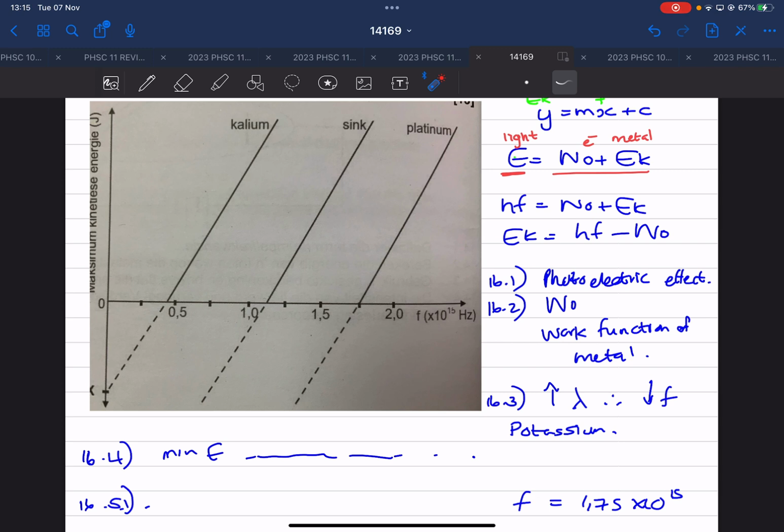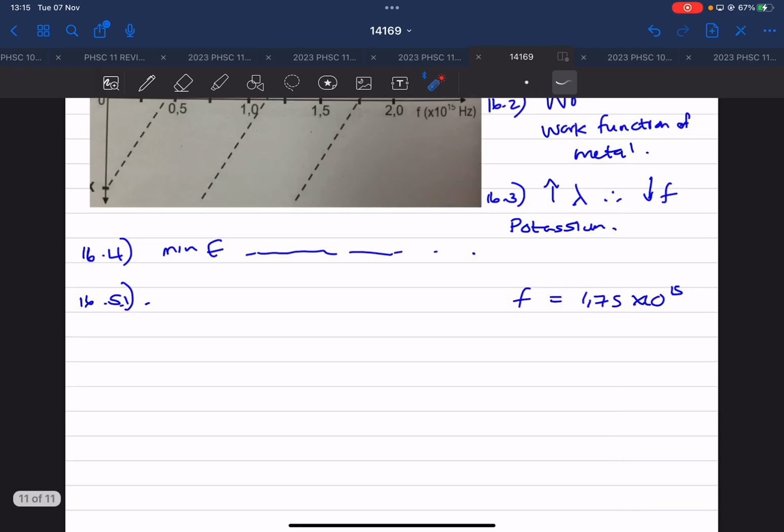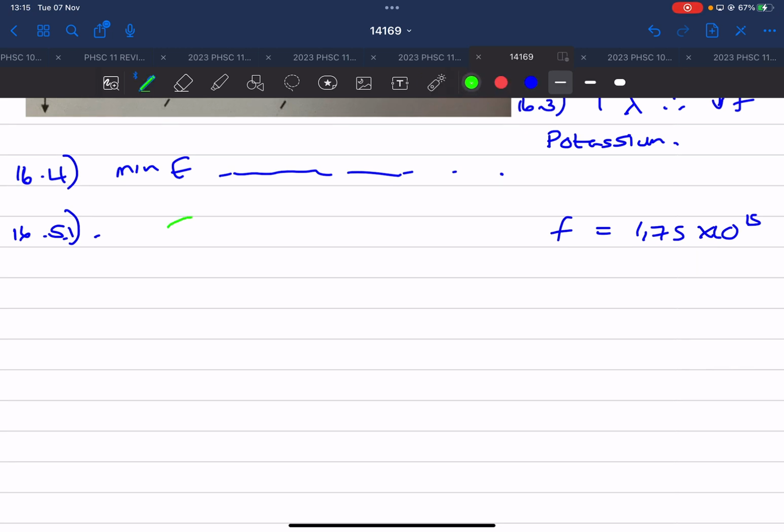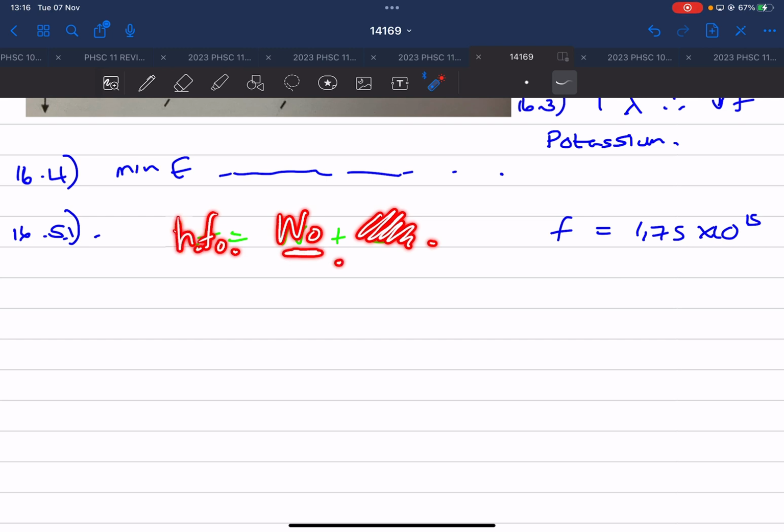Nee, nie die arbeidsfunksie nie, ek soek 'n frekwensie. Drempelfrekwensie. So can you see that frequency when the kinetic energy is 0. As jy kyk na hierdie formule, HF is gelyk aan weer 0 plus EK. If that frequency is high, then there will be kinetic energy. But if that frequency is just enough, the minimum frequency, then there will be no kinetic energy. Then it will be equal to the work function.